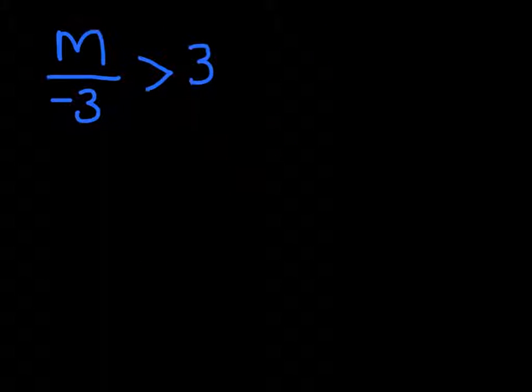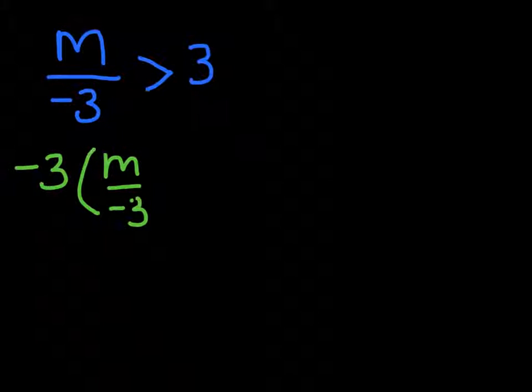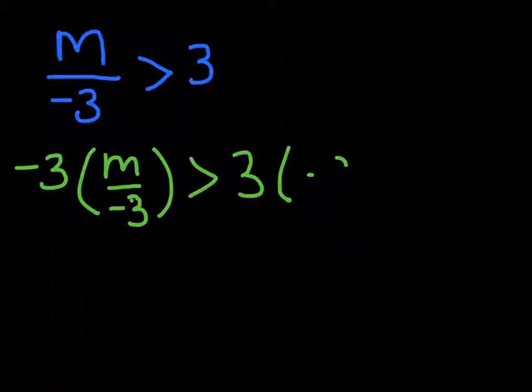Let's use what we've just learned about the multiplication property to solve for m. m divided by negative 3 is greater than 3. Our first step in solving this problem is to multiply each side of our inequality by negative 3. So I'm going to rewrite our equation, negative 3 times m over negative 3 is greater than 3 times negative 3.